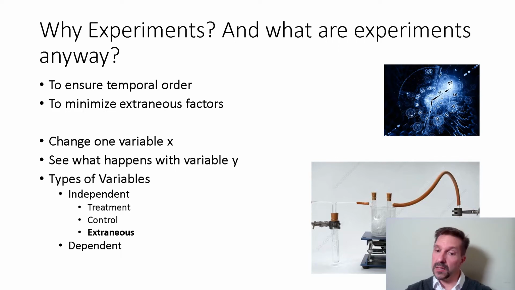And because of that, if nothing else changes and the only thing that changes is the variable that we actually manipulated, then it must be that the relationship between the two variables is causal, right? So the experiment also is going to help us maintain temporal order, right?